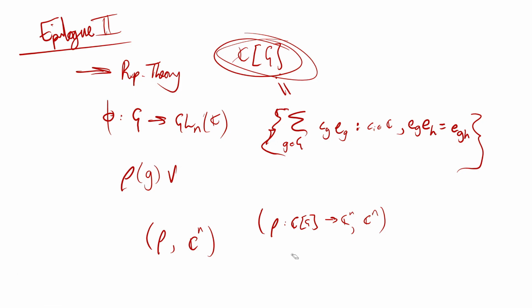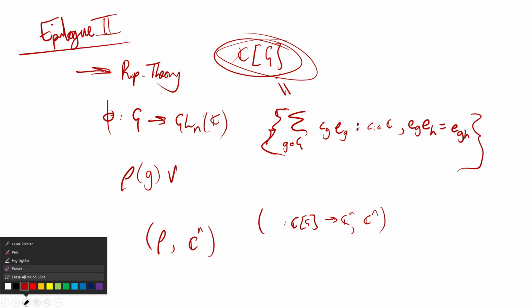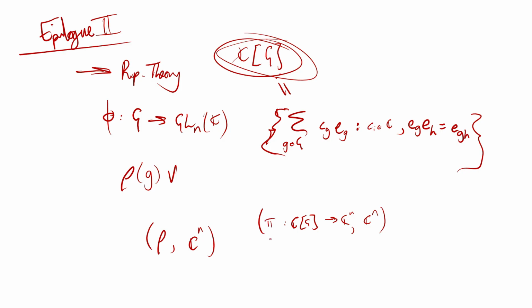I'm just going to write pi instead of rho, just because that might be easier. Pi of v, where V is some vector space.